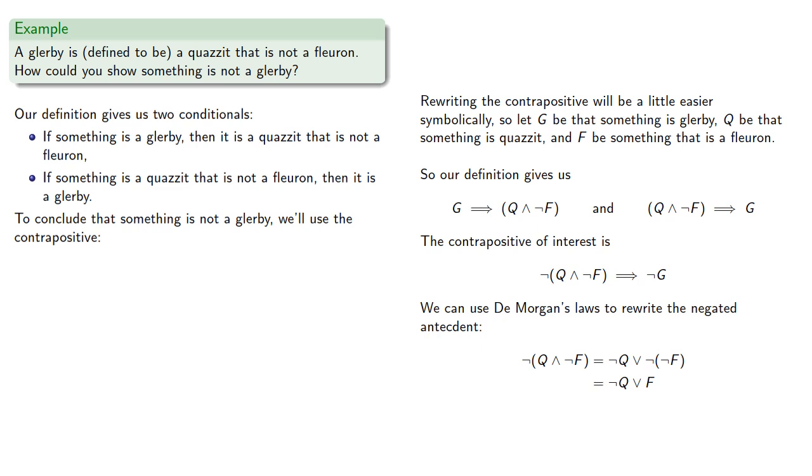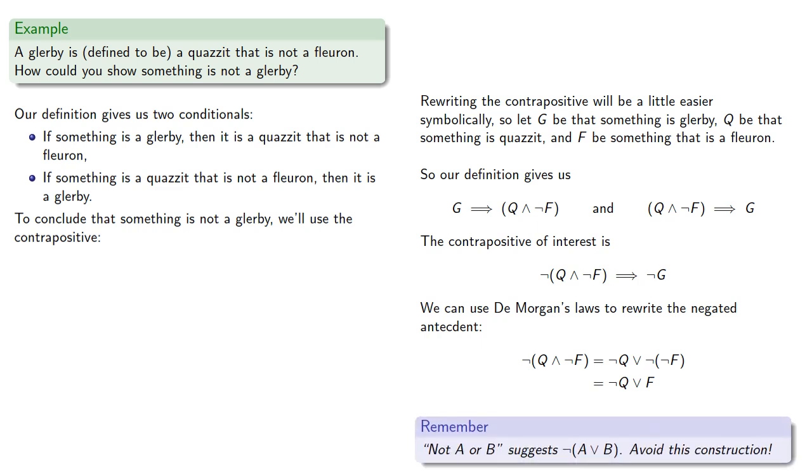It's correct to say that this is not quasit or a fleuron. But remember, when we say not A or B, this suggests the negation of the union of A and B. And that's not what we want.